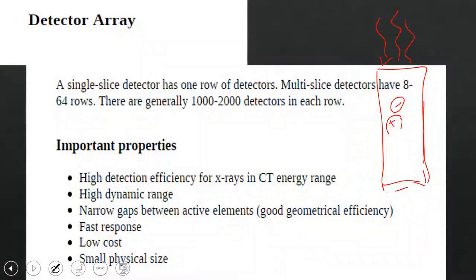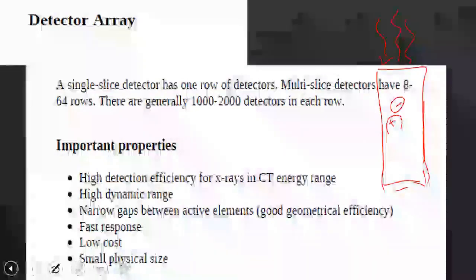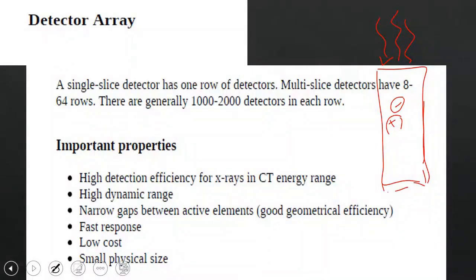The positive electrode collects the negative charge, while the negative electrode collects the positive charge, generating a current. This current represents a signal which indicates the intensity of the X-ray photons that have been transmitted from the patient. There were issues with xenon gas as its detection efficiency is around 50%, which is low.